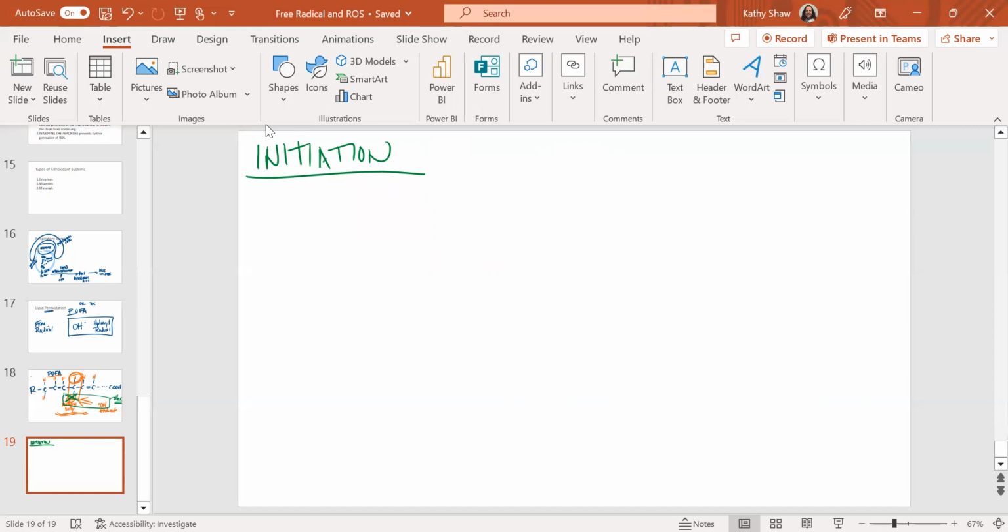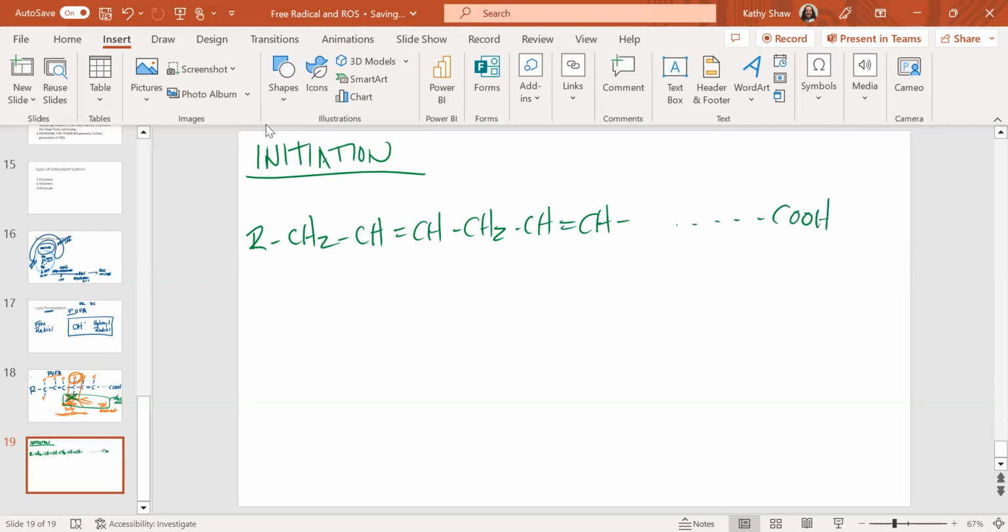So we'll draw the lipid the way we did a minute ago. I'm just going to put the H's, the hydrogens, right in. And if you prefer to draw the hydrogens in the molecule like this, do it.